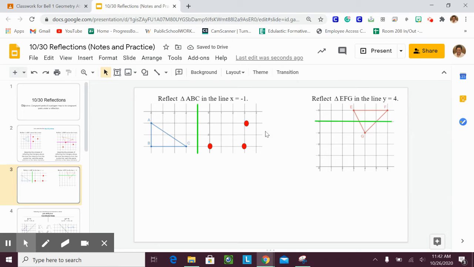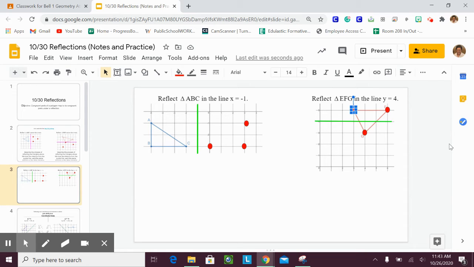Okay? So what we have to do is I'm going to take my dot from E, and I'm just going to reflect it again. Now I'm going to take my dot from F, and I'm going to reflect it again. And this time my dot from G. Okay, pause so you can do this.